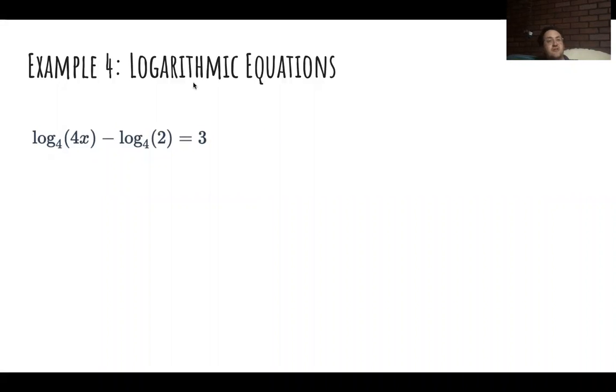Then we can do a quotient type of problem. This one does not have the power rule, but this is kind of a giveaway that it's going to be quotient. So this is going to be log base 4 of 4x over 2 equals 3. And 4x over 2 is simply going to be 2x.